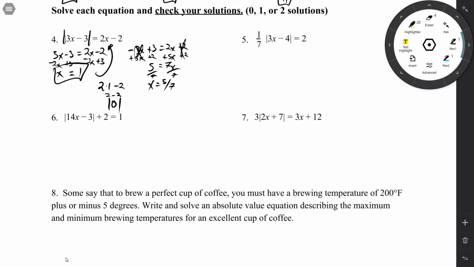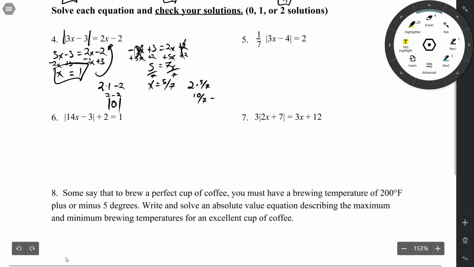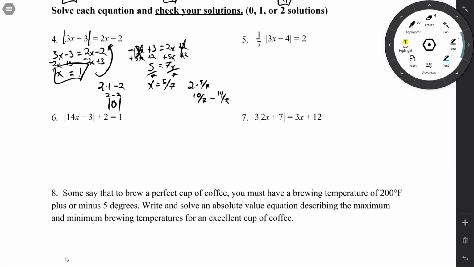What about 5/7? 2 times 5/7 would give us 10/7, minus 2. If we want to, we can write this as 14/7, which is just another way to write 2. So 10 minus 14 over 7 would be -4/7.